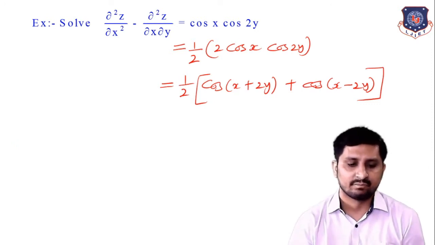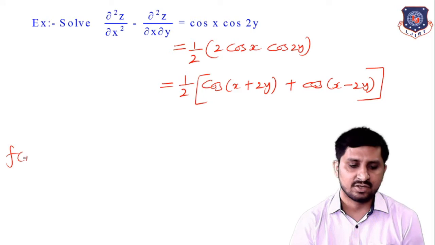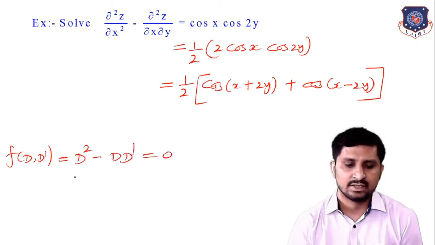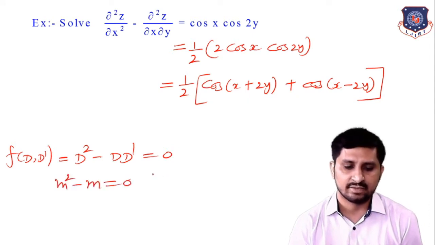So what is my f of D, D dash? F of D, D dash is D square minus D dash, equal to 0. Converting this equation into m form, this is m square minus m equal to 0, where m is D by D dash.